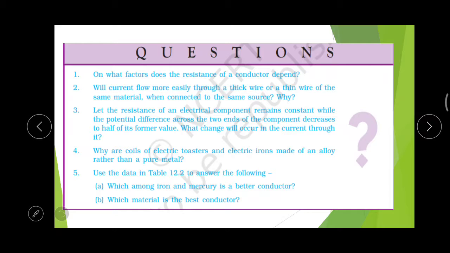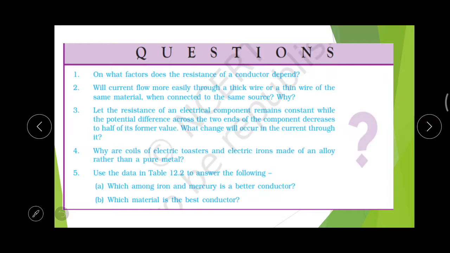On what factors does the resistance of a conductor depend? We have studied that in the theory section. The resistance of a conductor mainly depends on its length and its area, as well as the material with which that conductor is made.